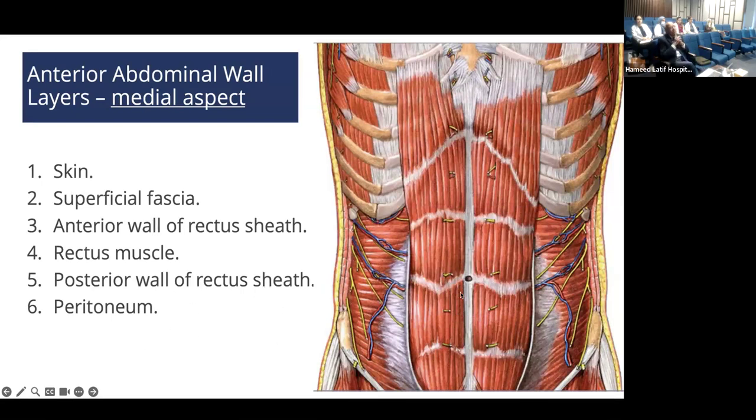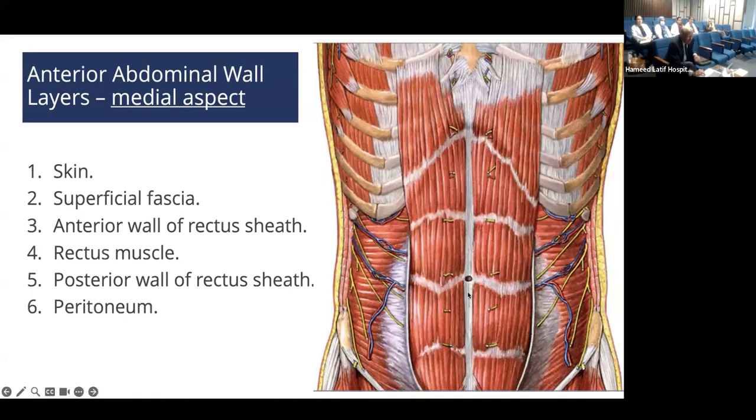Now, the posterior wall of the rectus sheath also ends about an inch and a half below the umbilicus. Above that, up to the costal margin and xiphisternum, there is the anterior rectus sheath and the posterior rectus sheath.